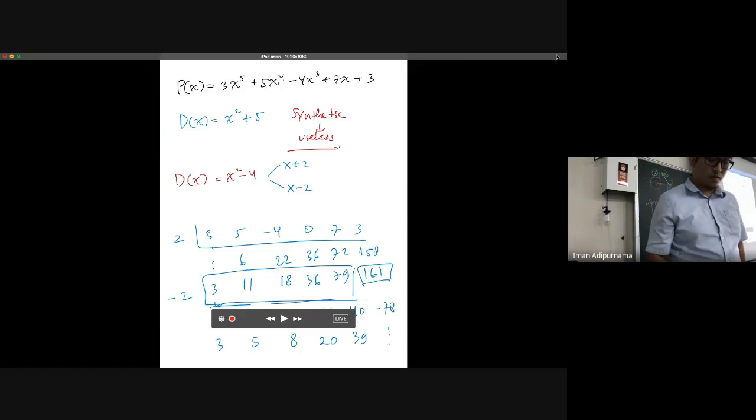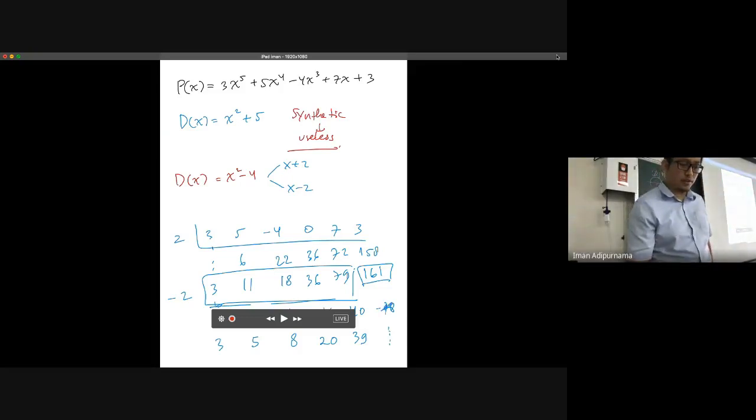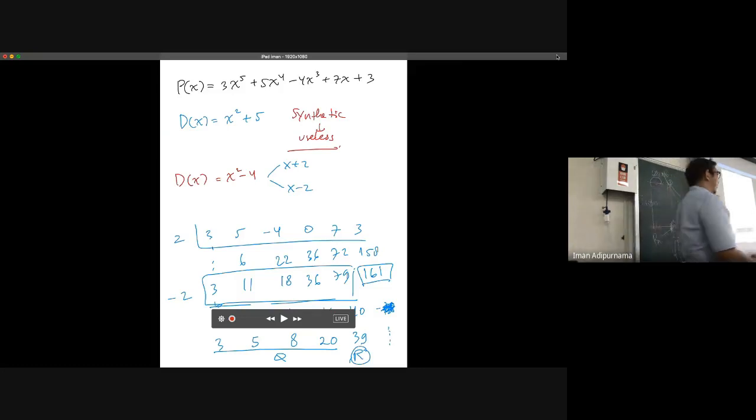So this is another remainder. I think just finish here. This is the new remainder, and this will be the quotient also. So we have two remainders, but that will render the functions a little bit complicated. So I'm not suggesting to use synthetic division also.